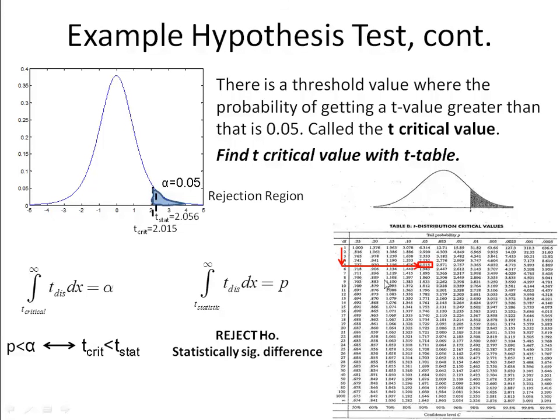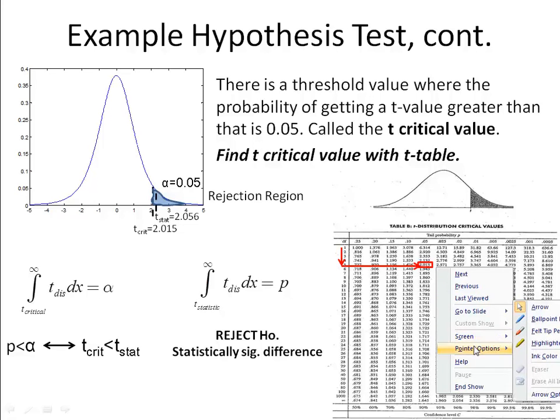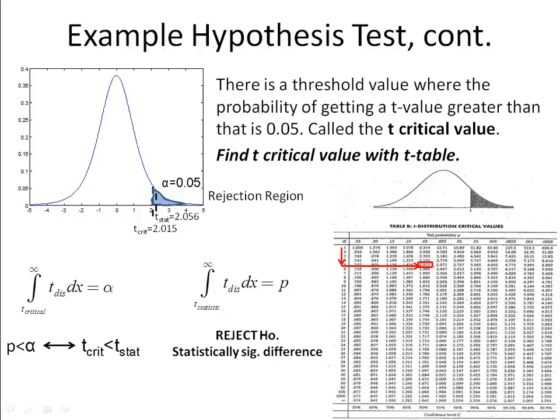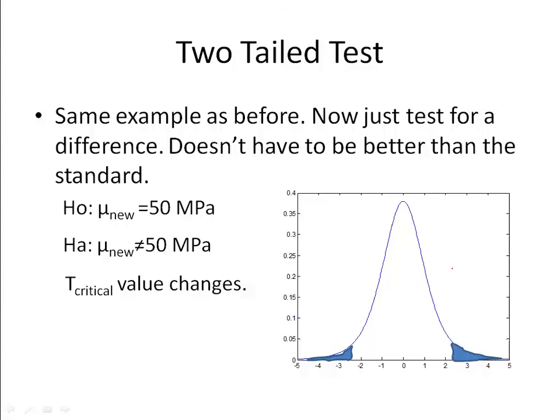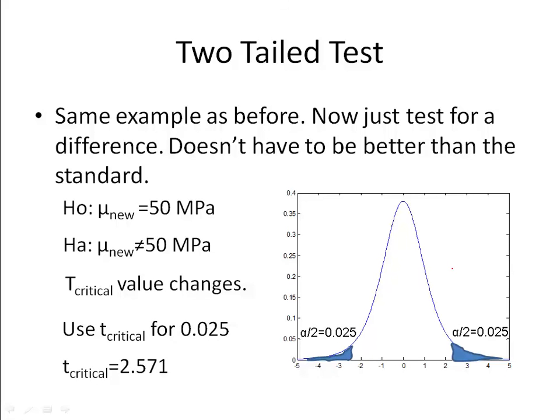And so when we go back to our t-table, if we start at degrees of freedom of 5 and we go to 0.025 instead, our new t-critical value becomes this right here. Let me use my pointer. It becomes 2.571. Okay, so let's go back here. So 2.571 is our new t-critical value.